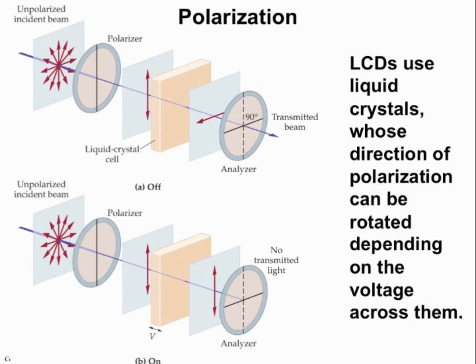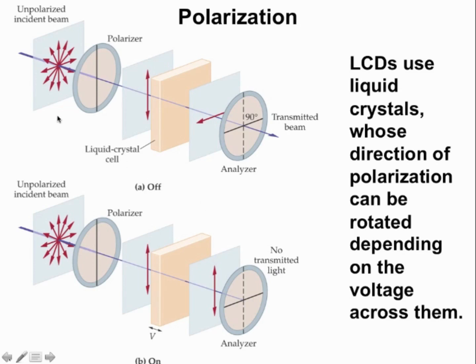Now, a very important application of polarization is liquid crystal displays. So LCDs use liquid crystals whose direction of polarization can be rotated depending on the voltage across them. And we're going to see an example of that now. I'm going to show you a little video that does a good animation to help you visualize this phenomenon.